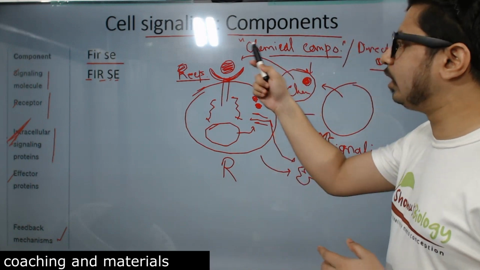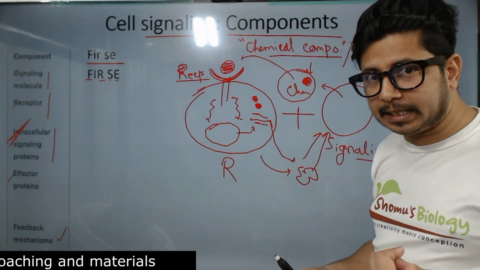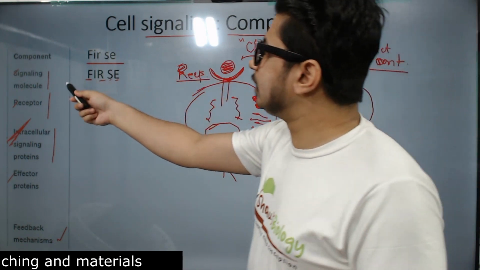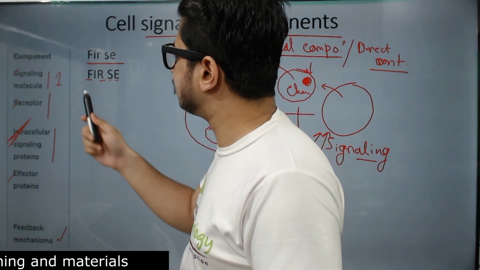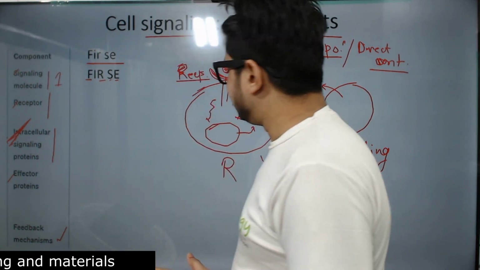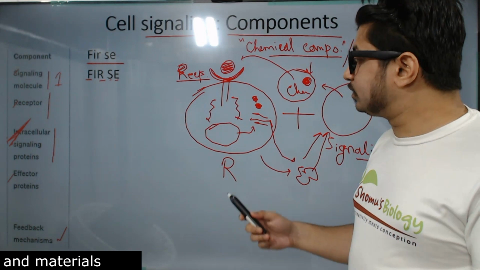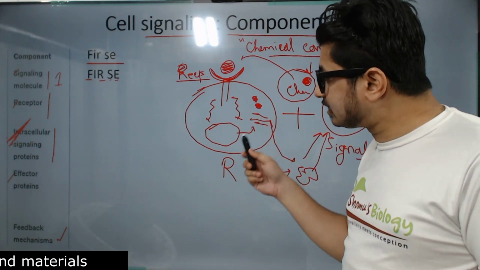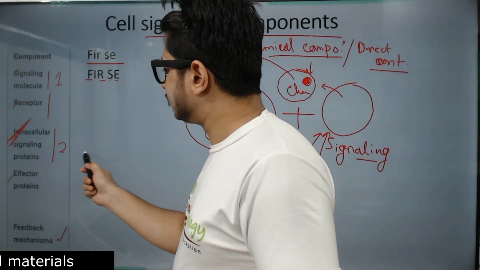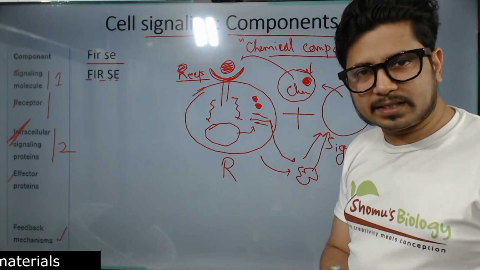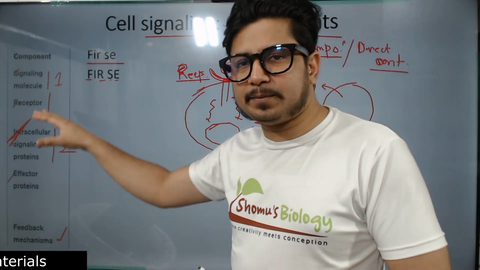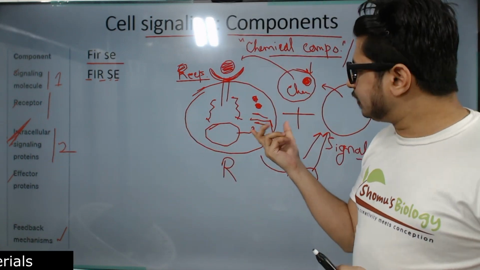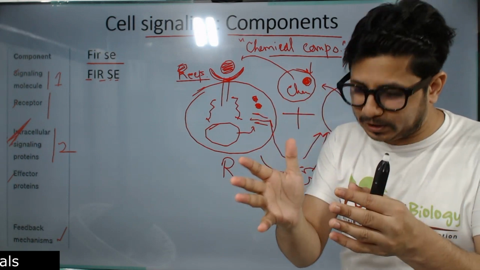Because the signaling molecule started the process of cell signaling, so the signaling molecule itself is known as the primary messenger. And the molecule which continues the process of cell signaling intracellularly is known as the secondary messenger. That's it. At the end, when all this messenger signaling is done, proteins will be made, because that is the expression.